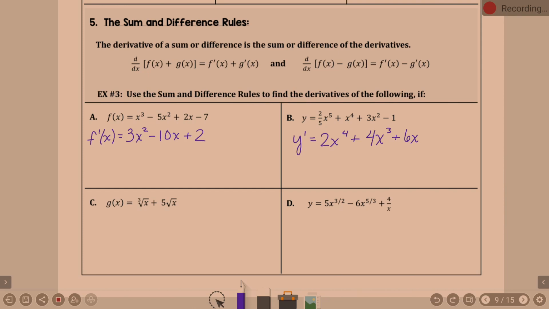Okay, C. Now, it's a personal choice, but I'm going to start by rewriting the original equation, because what is the cube root of x? That is x to the 1/3, plus 5x to the 1/2, because it's a square root. Not that you have to rewrite that, but I think it's helpful to have the visual.